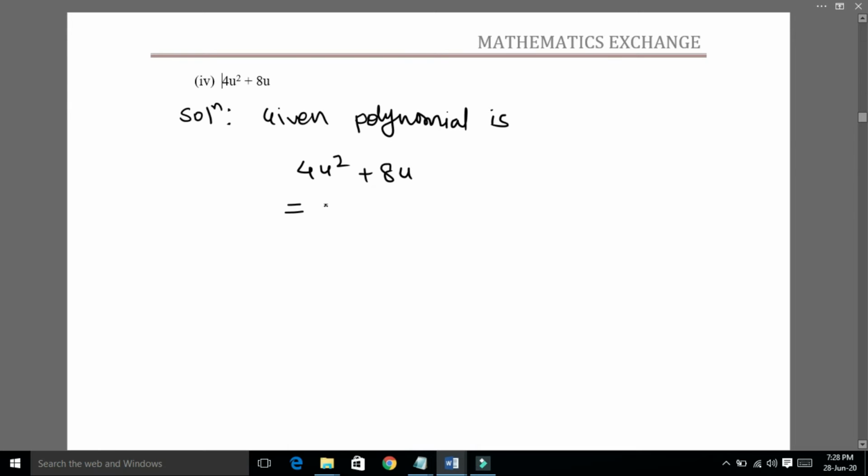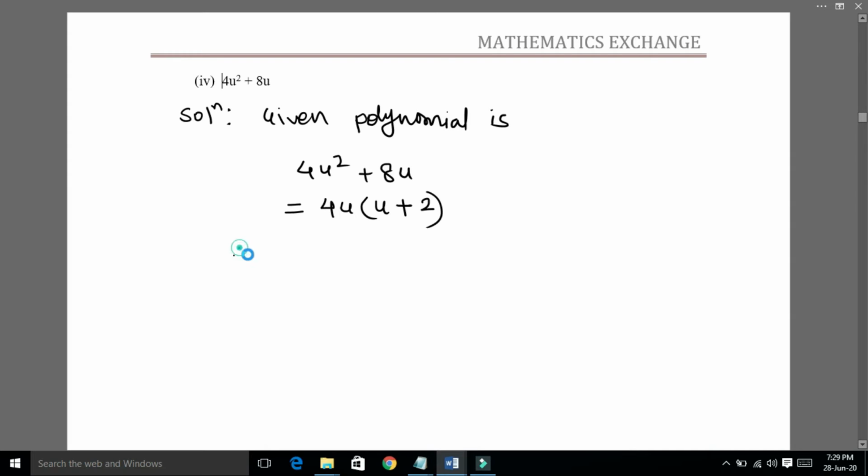We take 4u common, as 4u is common from both the terms. From the first term we get u inside the bracket, plus from the second term we get 2. So 4u into u plus 2. Now we have to find the zeros.